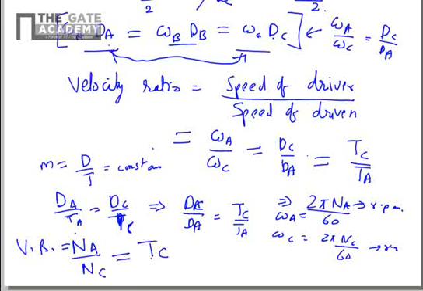This will be equal to TC by TA, number of teeth at the output gear divided by number of teeth at the input gear. So this is a definition we should remember: the velocity of the driver is in the numerator, and when you take the number of teeth, the number of teeth of the driven gear is in the numerator.